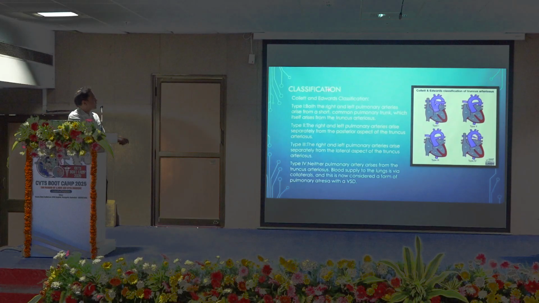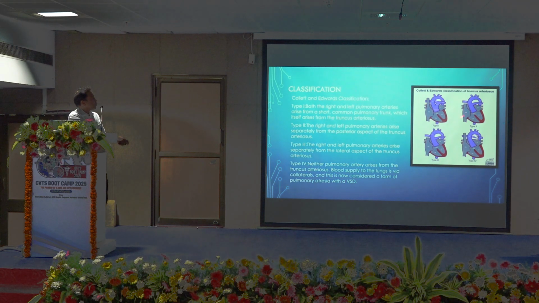As per the Collett-Edwards classification, which is commonly used for truncus arteriosus, type 1 is where the pulmonary artery trunk arises from the common trunk and then gives rise to the left and right pulmonary arteries.